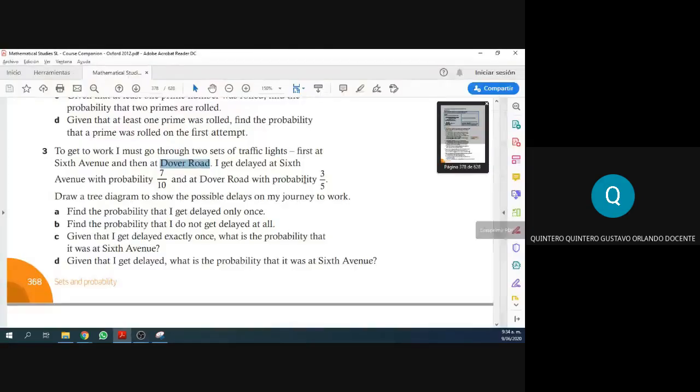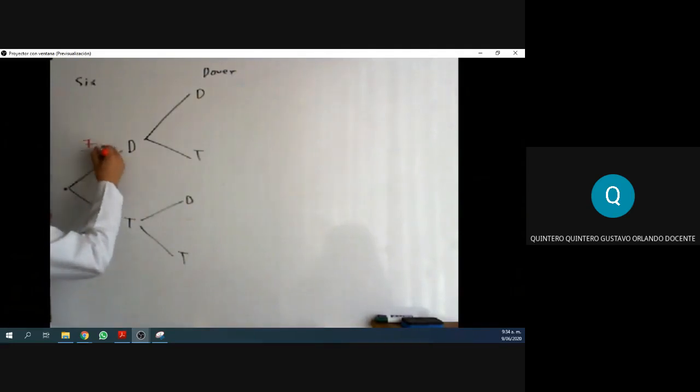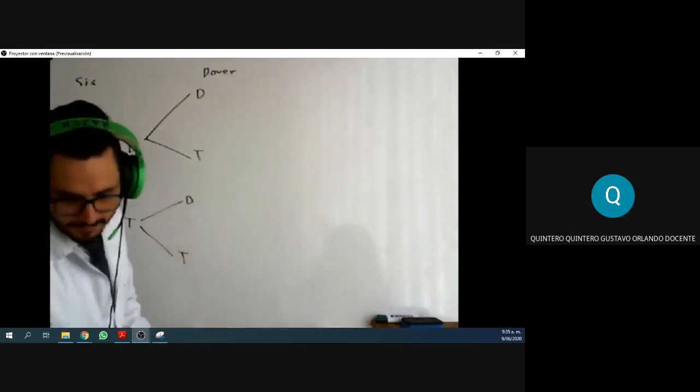Now, according to the question, if I go through 6th Avenue, I get delayed with this probability, 7/10. So that probability is going to go right here, getting delayed 7/10. Right? Beautiful.